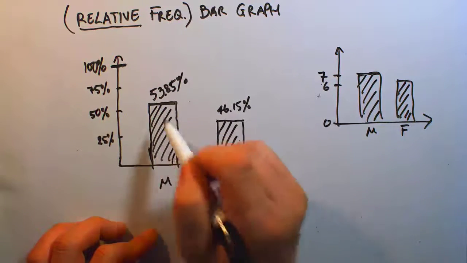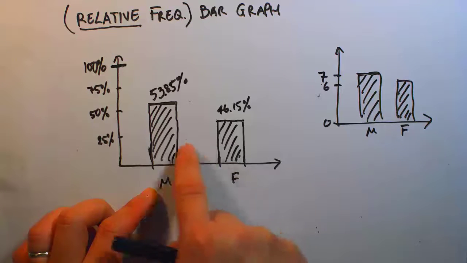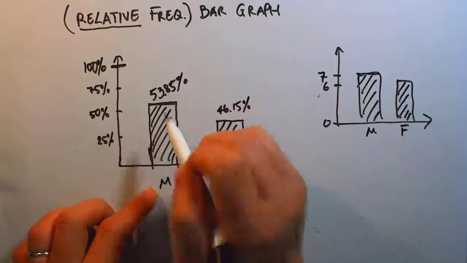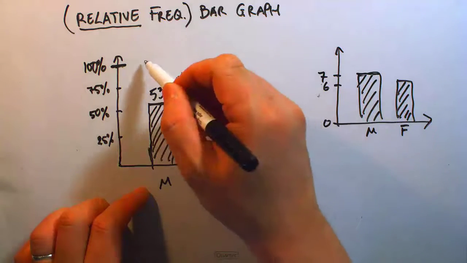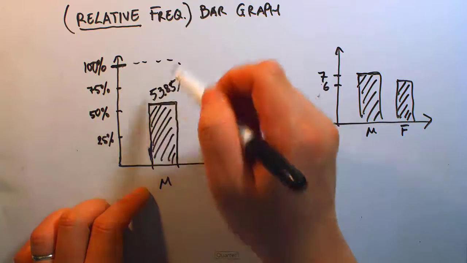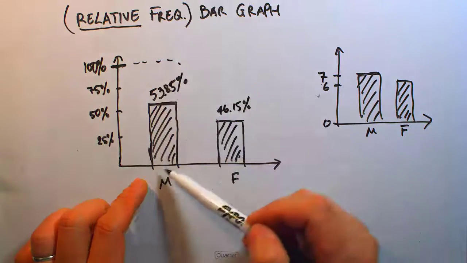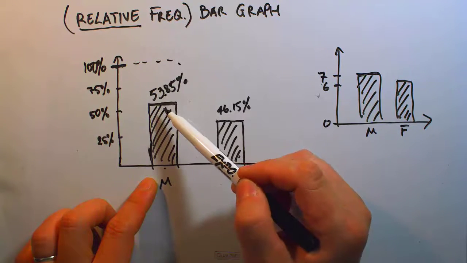The relative frequency bar graph compares among the columns and also compares how each column relates to the entire data. So your entire group of people is this high, and compared to the whole group, this male bar is slightly more than halfway.